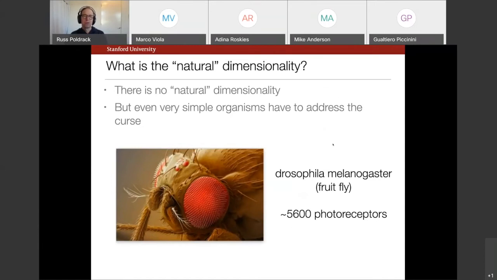Humans have millions of photoreceptors, but even a fruit fly has on the order of 5,600 photoreceptors. Even if each of those is just encoding a binary signal, 2 to the 5600th is still a pretty large number, right? And fruit flies are probably not going to be able to go through the world and record all of those possible experiences and inputs on their retina.